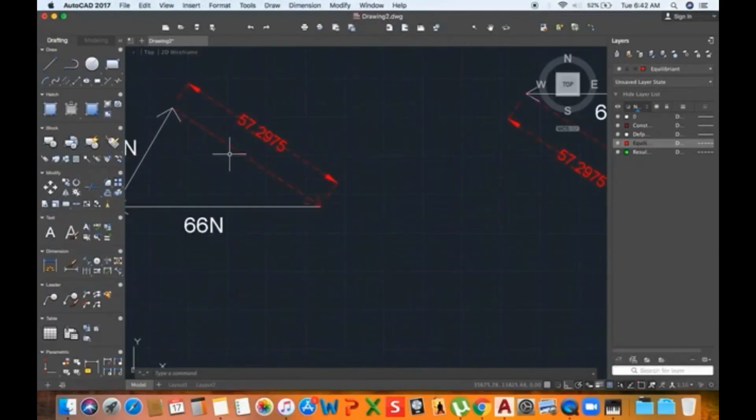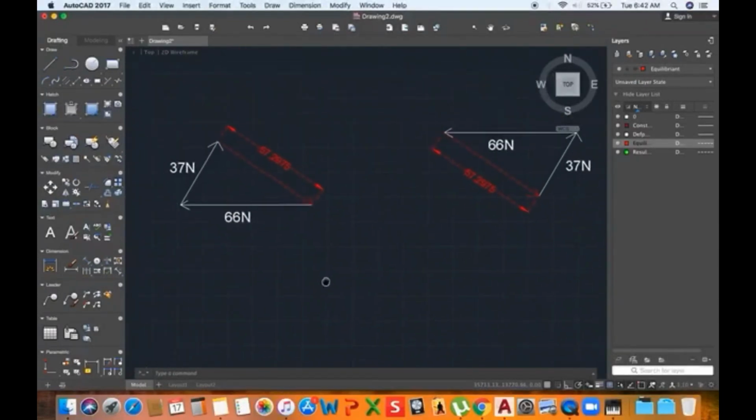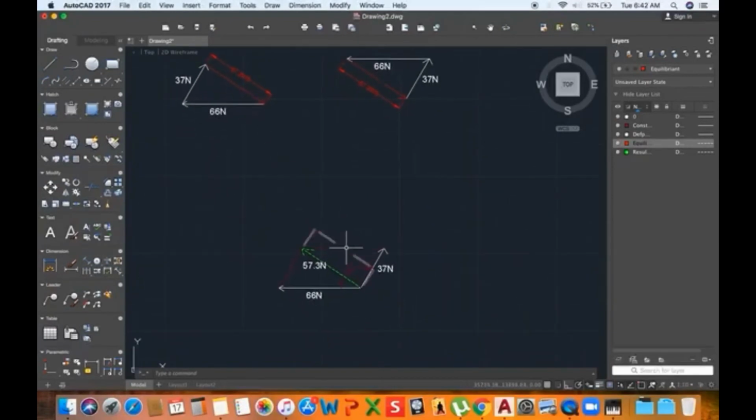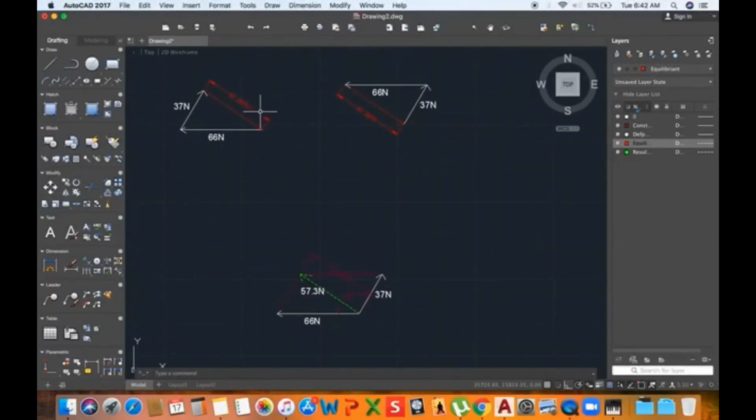Now, in this video, we are solving for the equilibriant force. And you can immediately notice that the resultant force and the equilibriant force are of the same magnitude. However, the equilibriant force is going in the opposite direction of the resultant force, right?